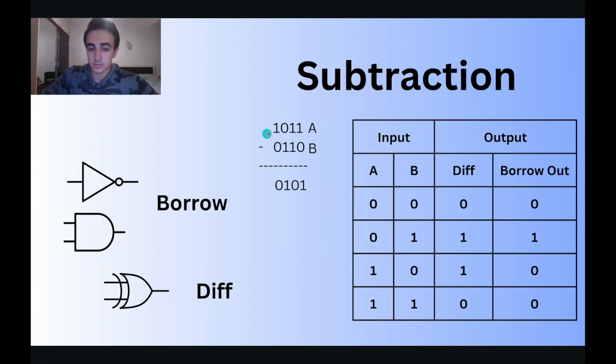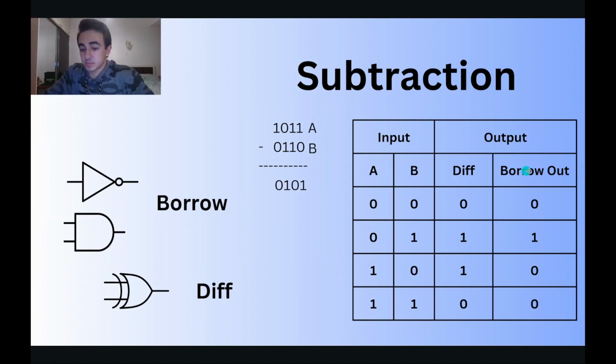So this 0 takes the value of the left-hand column, because this one is like the 10 for the previous column. Instead of this 0, we have 10, from which we subtract 1. And in this case, the output is 1. So the difference is 1.